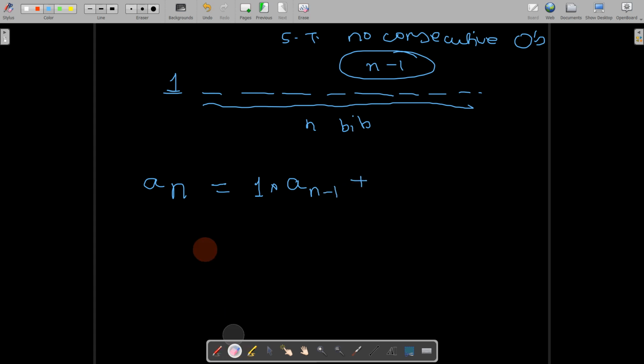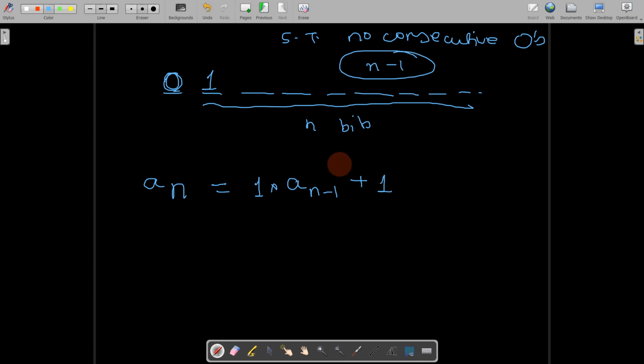Now what if your string starts with 0? If your n bit string starts with 0, the next number cannot be a 0. So it is fixed, it has to be a 1. So apart from this 0 and 1, for the remaining n minus 2 bits, how many ways can you form such strings that do not have two consecutive zeros?